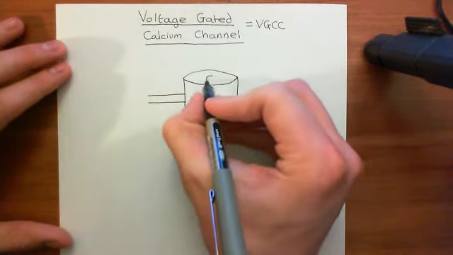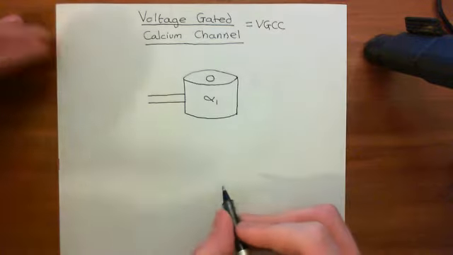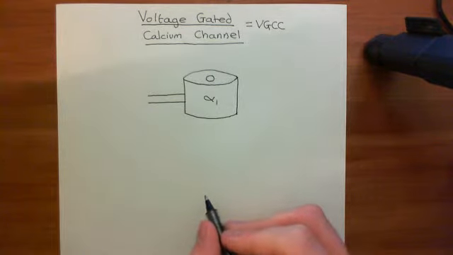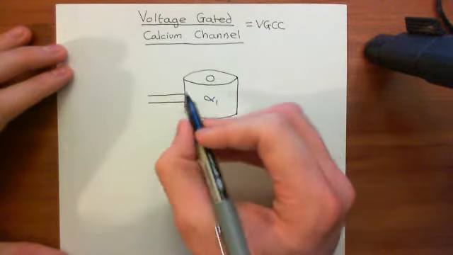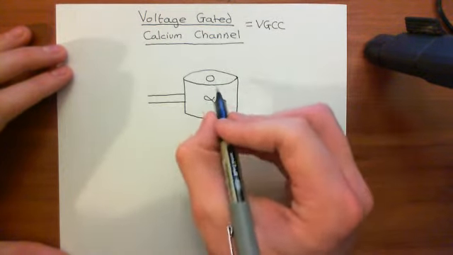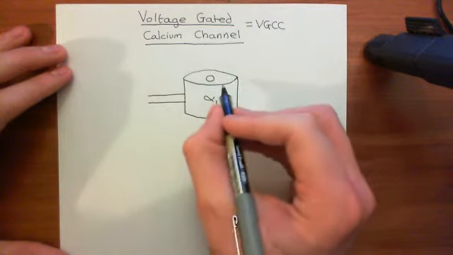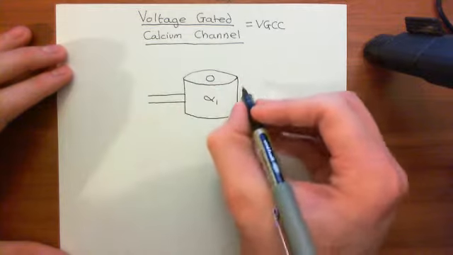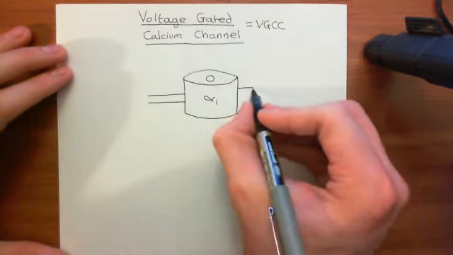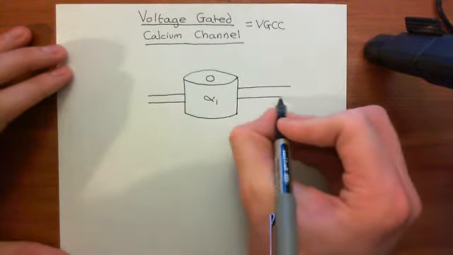Now this is actually all one protein. It really is one protein, so it's not a tetramer as you might expect, since we've seen a lot of tetramers now. It is one protein that makes the entire pore of the voltage-gated calcium channel. Attached to this alpha-1 subunit you have a number of accessory subunits.